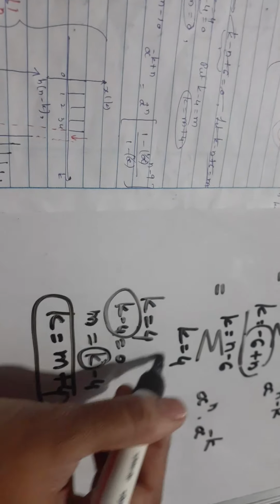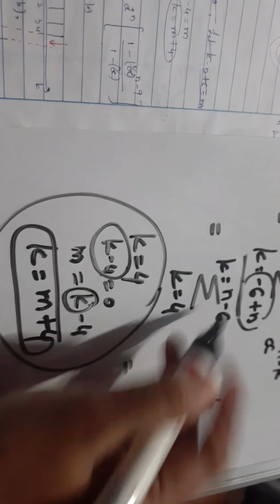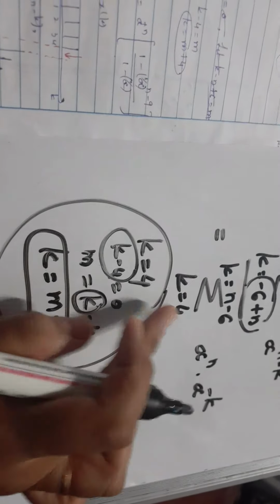So using this in our equation, what do we get? Summation k equal to 4, which is k minus 4 equal to 0. K minus 4 we are substituting as m. M is equal to 0. And what is the k value? K is m plus 4. M plus 4 is equal to n minus 6.